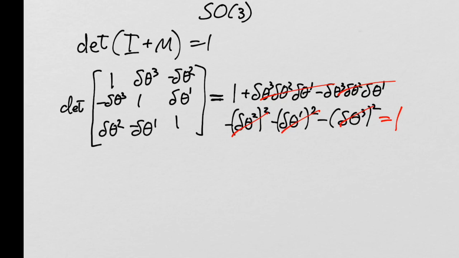So the determinant of this is 1, which is kind of interesting because when we did this process for SU2, remember that we actually ended up with 4 basis vectors, and the possibility of having a determinant that wasn't equal to 1 made us eliminate one of the basis vectors, right? So this naturally falls into SO3.